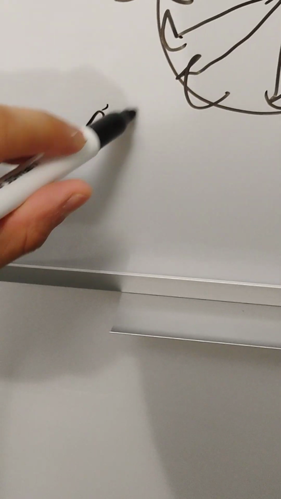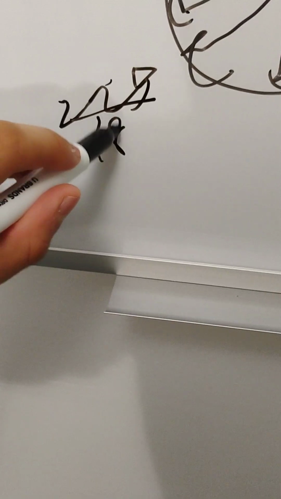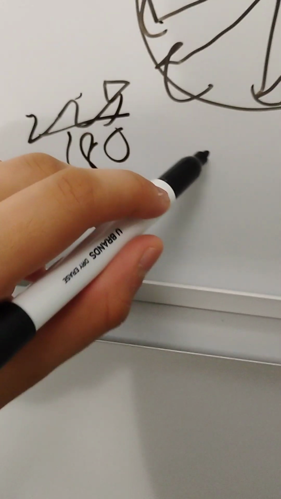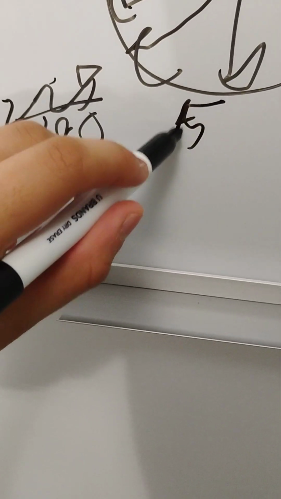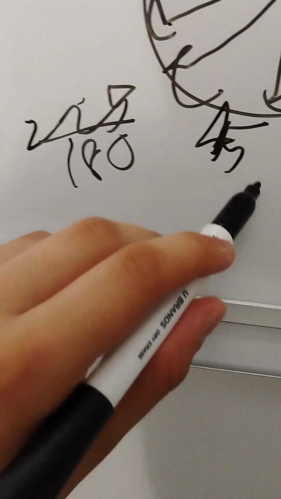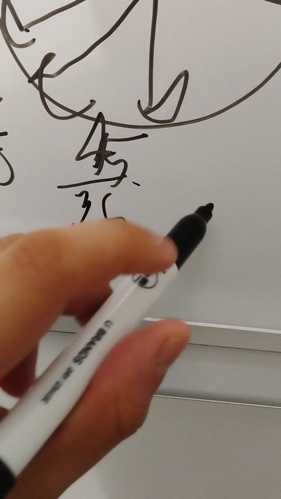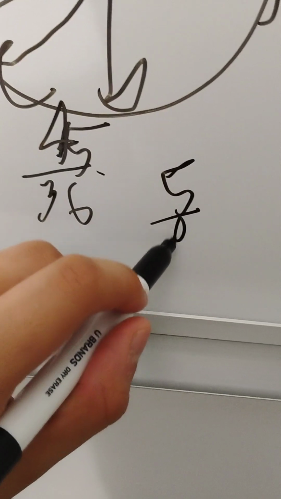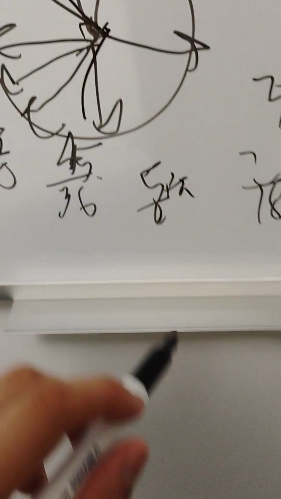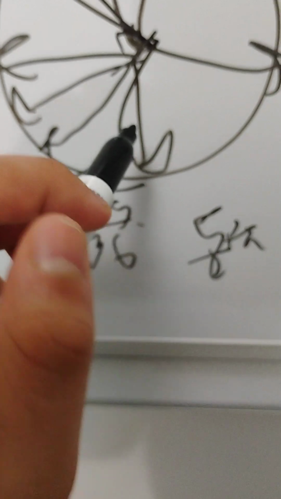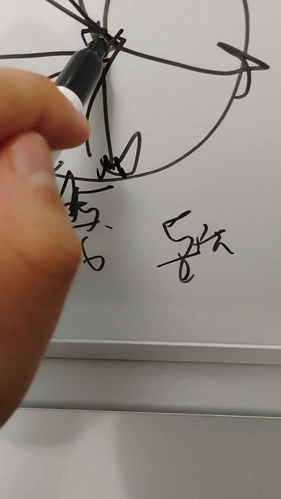Now let's talk about 225 degrees, right? So 225 over 180. We can bring this to 45 over 36, divided by 9 on both sides would be 5 over 4. So this will be 5 pi over 4. This will be 3 pi over 2, because this is 270 degrees right here.